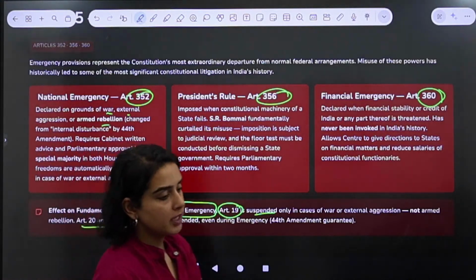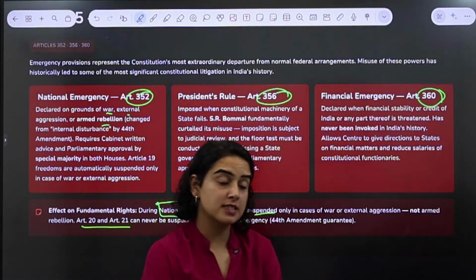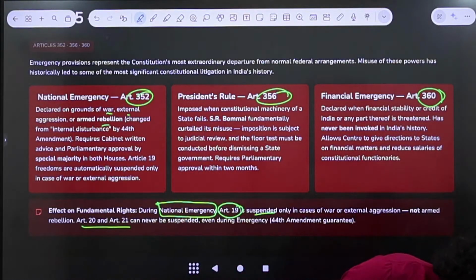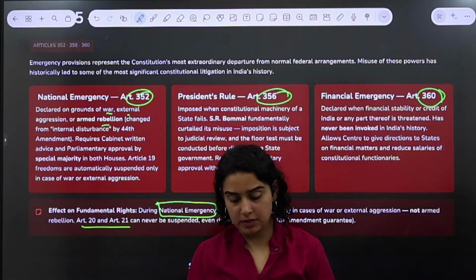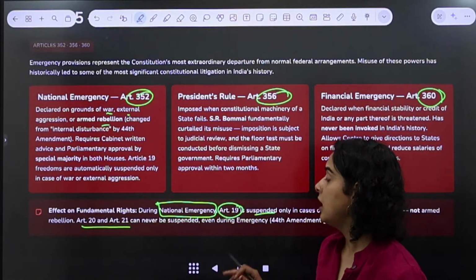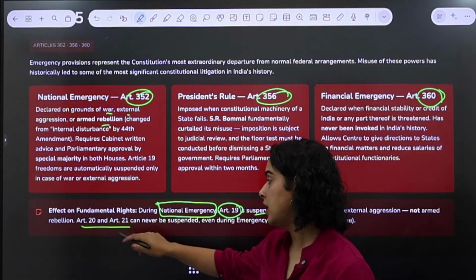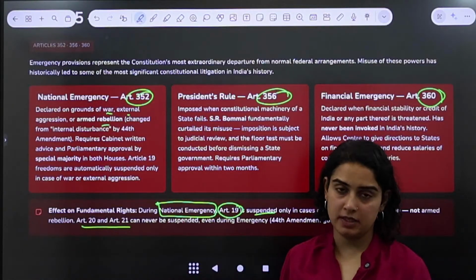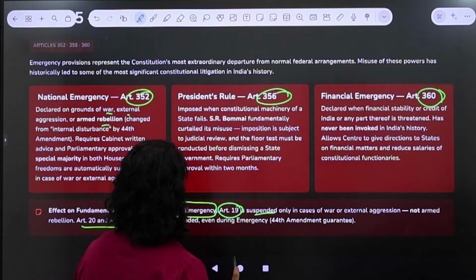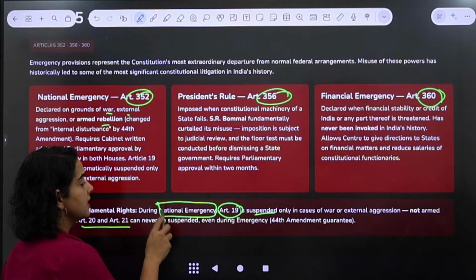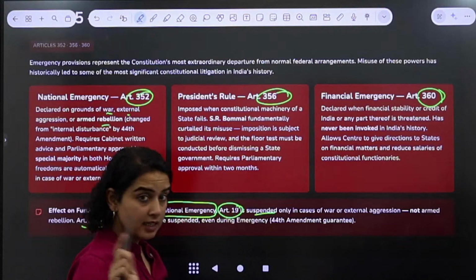Article 20 recognizes some rights of the prisoners, and Article 21 gives you the right to life and personal liberty. So in any situation, Article 20 and 21 can never be suspended, even during emergency. But whenever there is national emergency, Article 19 is suspended.